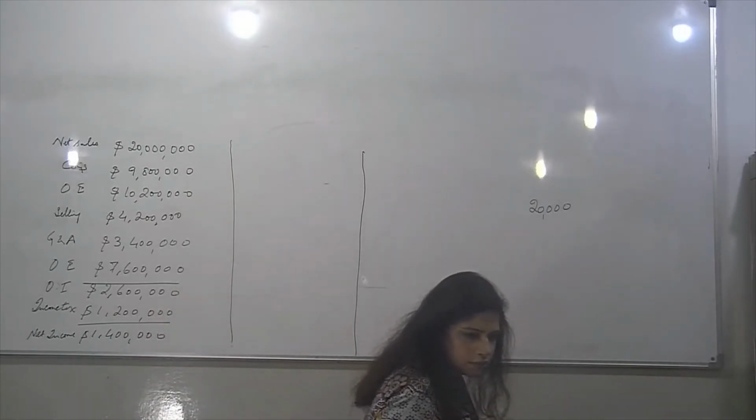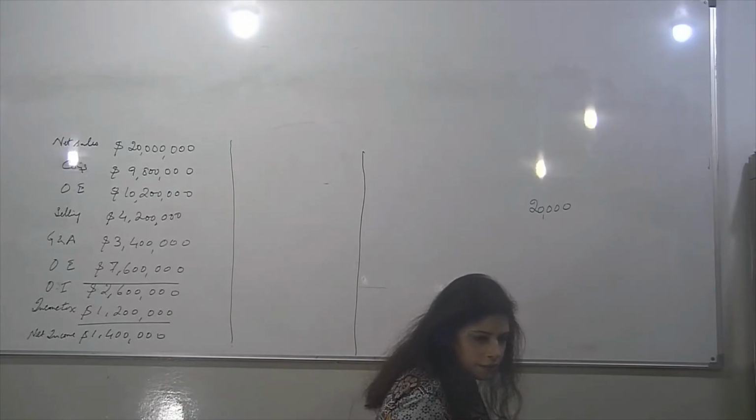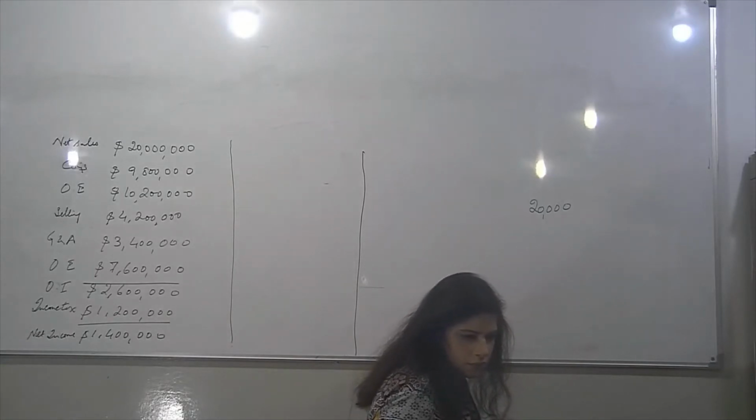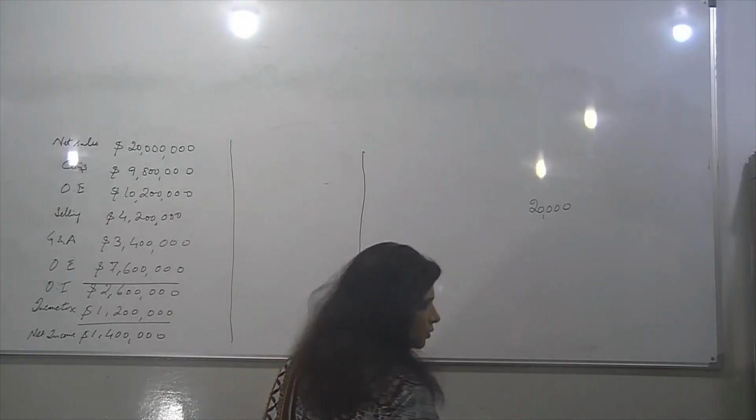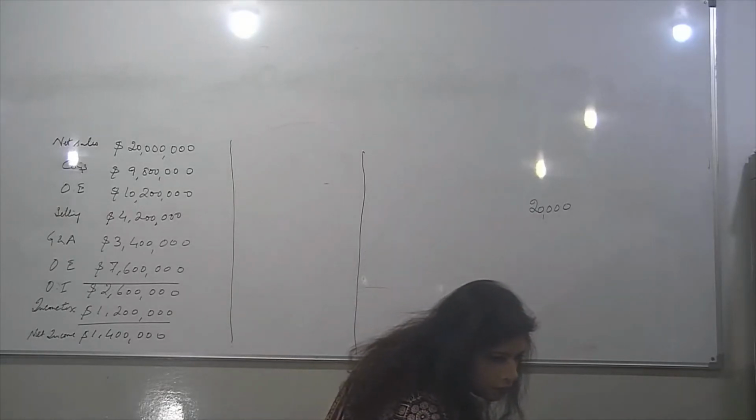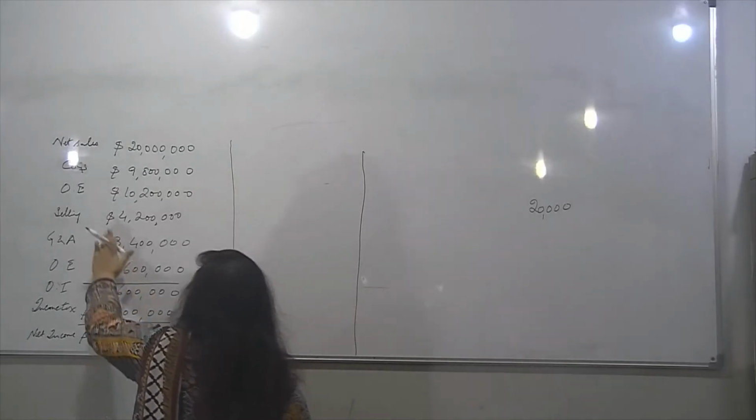It's 10. Cost of goods sold is 9.8, and gross profit is actually 10.2. So this is gross profit actually.